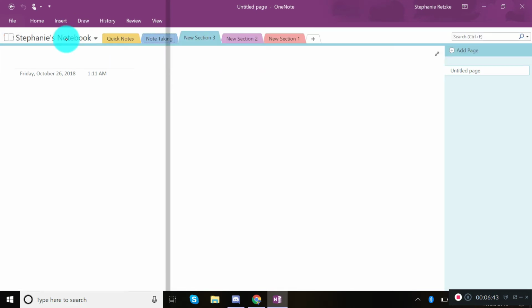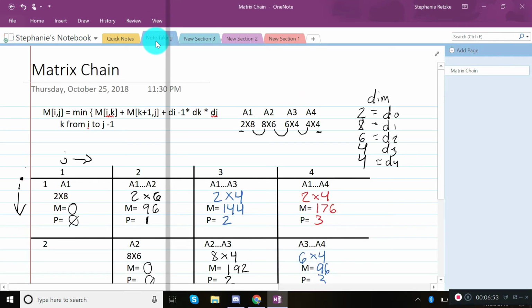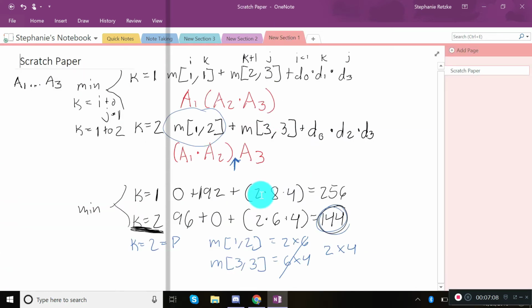Okay, so all our dimensions are A1, A2, A3, A4. Okay, this says that we chose to have it after 3. That's where our point is going to be. Our parenthesis is going to be after 3.